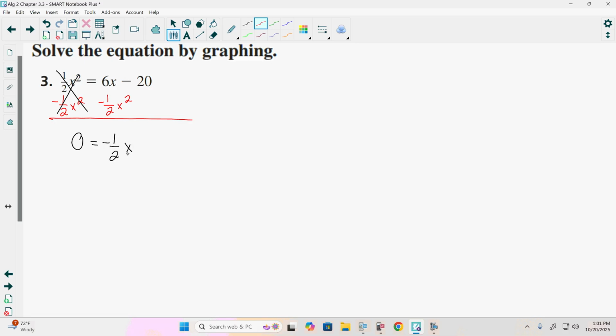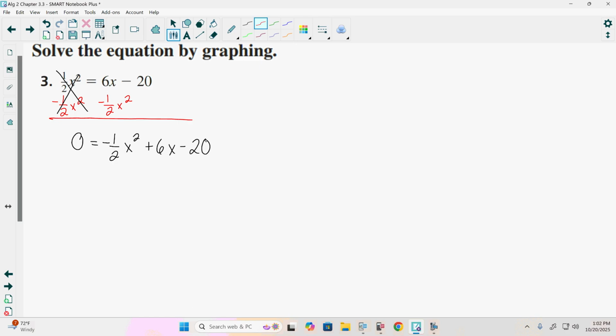And again, like before, we don't have any like terms. If we did have like terms, we would combine them and group them together. Now what that tells us is that 0 is equal to negative 1/2 x squared plus 6x minus 20.